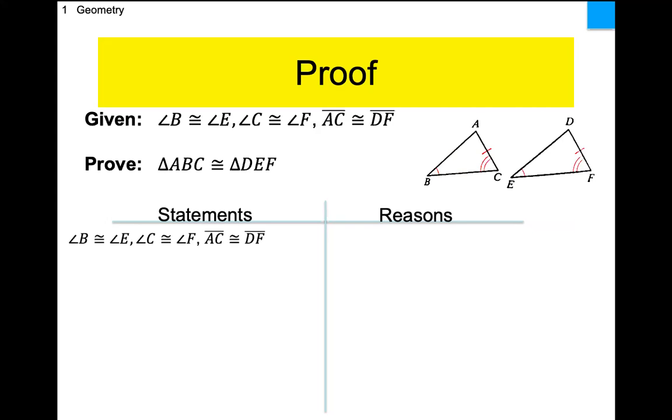Okay? We start with a given. That takes a long time to write. So you notice in the proofs that the book did, they kind of sometimes will break their given up into 2 different sections. I'm not a big fan of that.